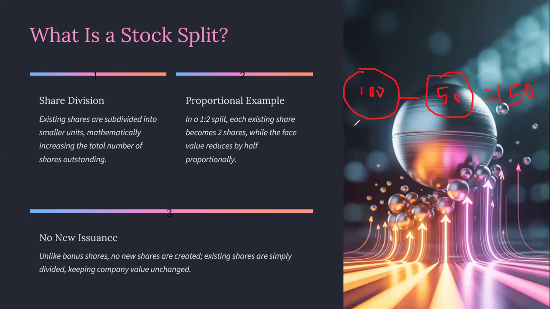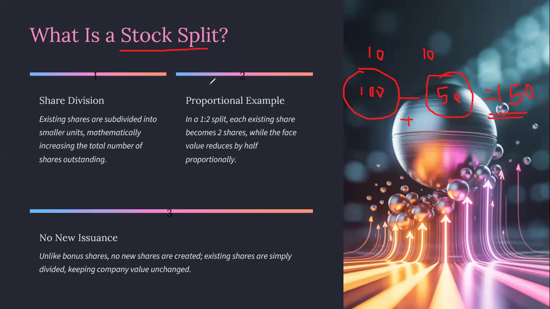In case of bonus shares, the value is added. The price per share, suppose it is 10, then the price of the new share is also 10. The price per share does not change. The value of total capital increases by the additional issue.